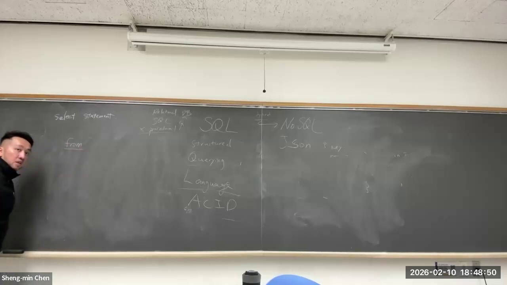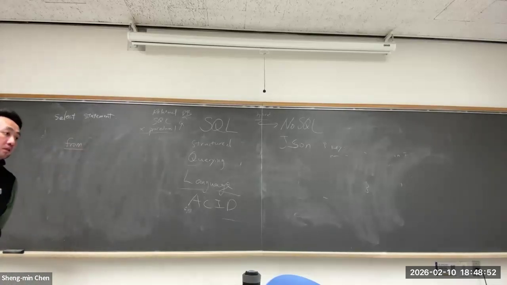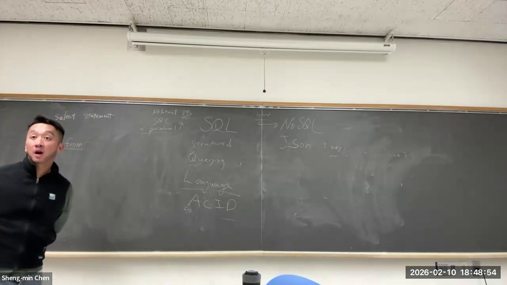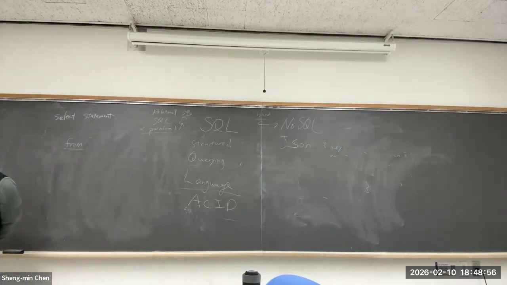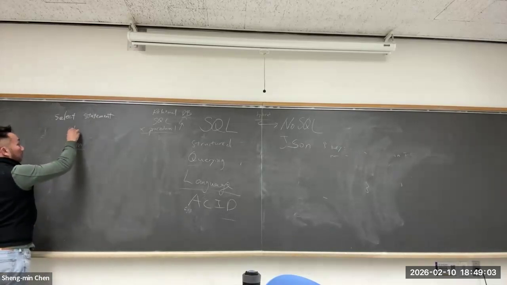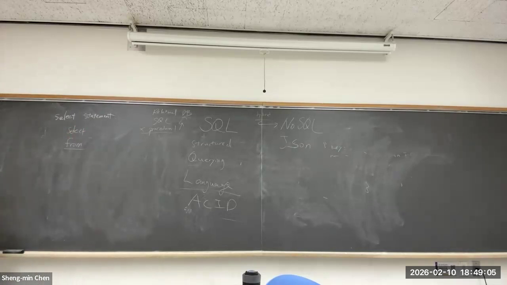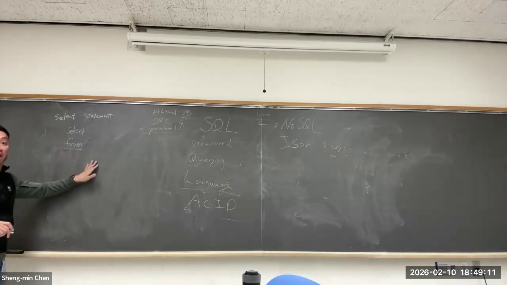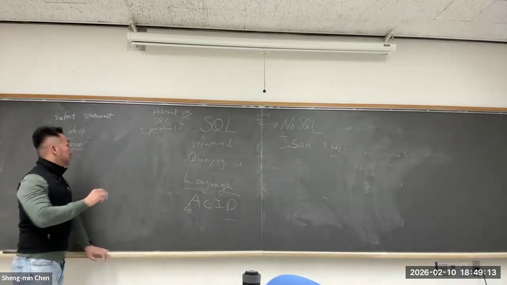From is a definitely required clause, or line, in the select statement that you must always have. Okay? The second one is select. It always comes on top of from. Select comes before from. From is followed by the tables.